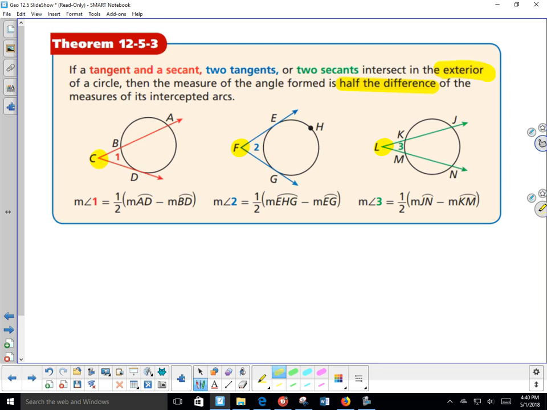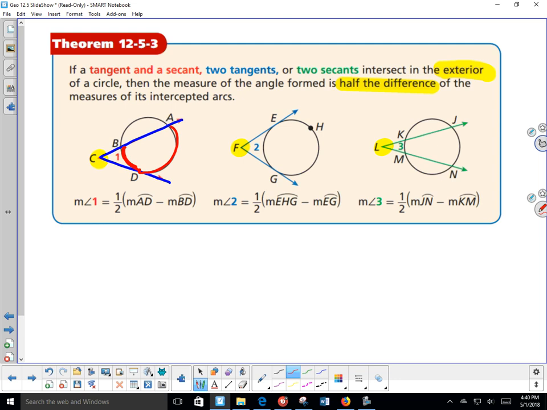So if it happens to be a tangent line and a secant line, then we're going to have this arc and this arc. We're going to take this one minus this one, and then take half of that to get the angle.